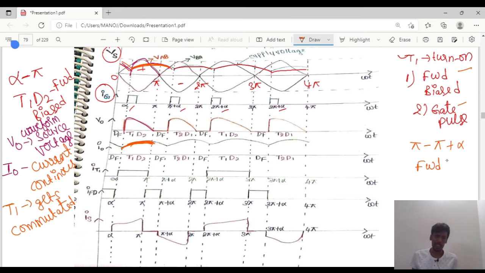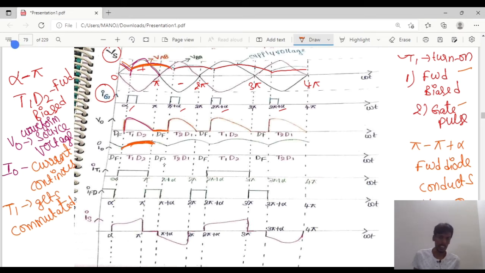The freewheeling diode will conduct here, so the voltage is short circuited through the freewheeling diode and the voltage will be 0 from pi to pi plus alpha. But the current I0 will be continuous.